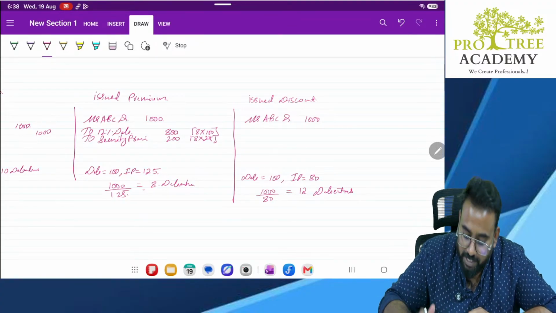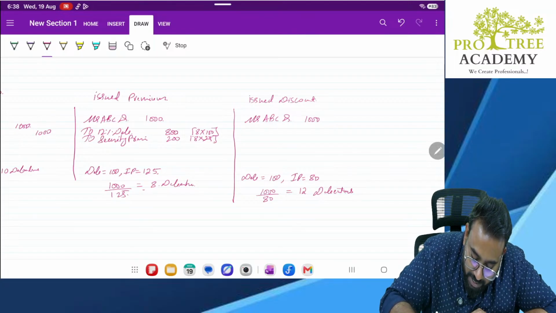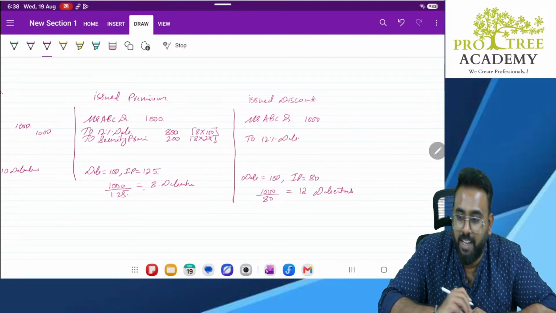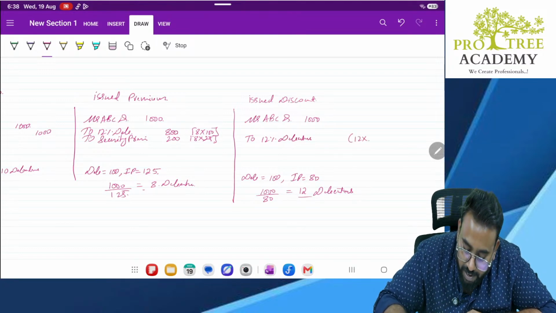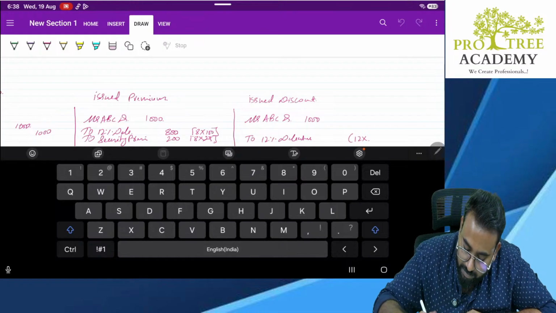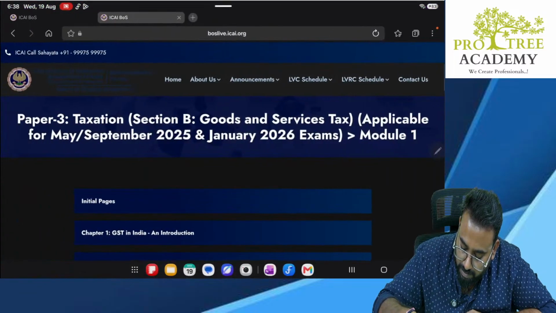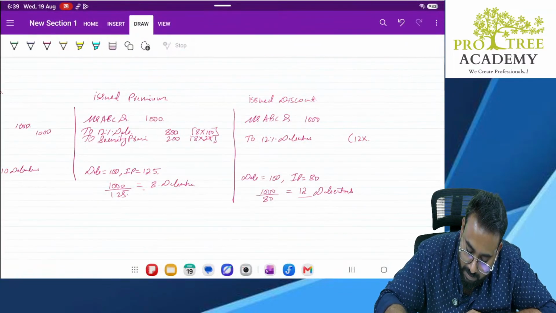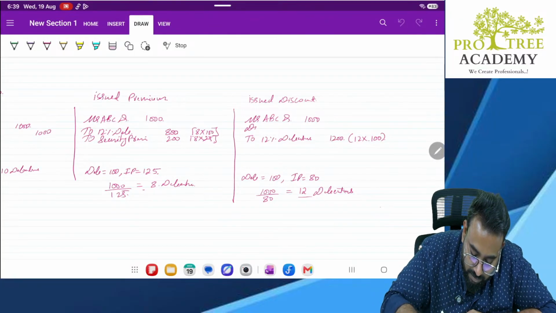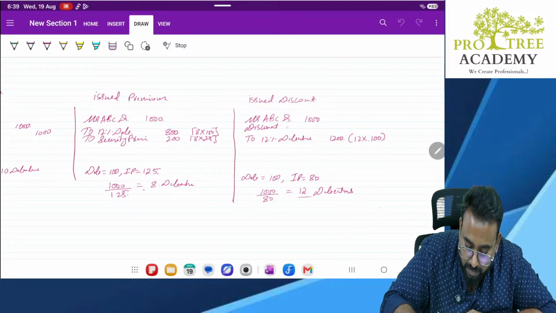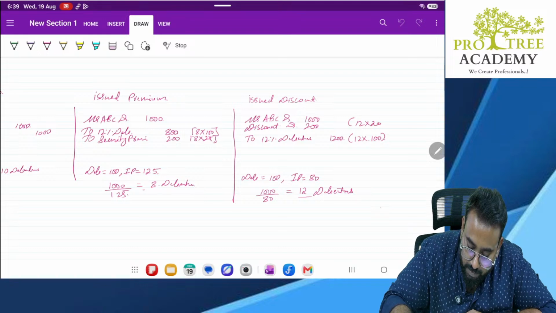Okay, if we are issuing 12 debentures, to 12% debentures how much? 12 into 100, correct? 1200. The balance? 12 into 20.